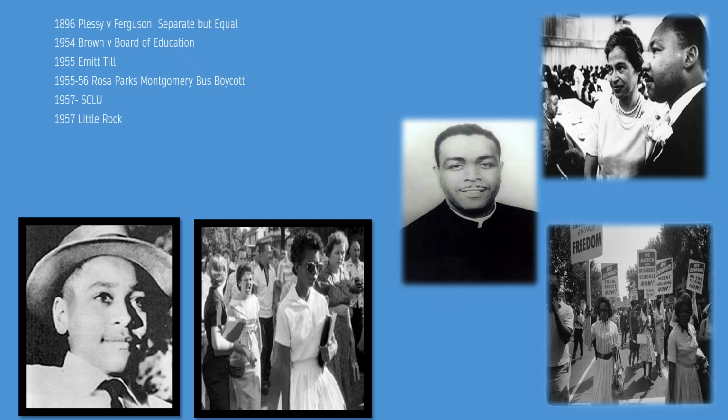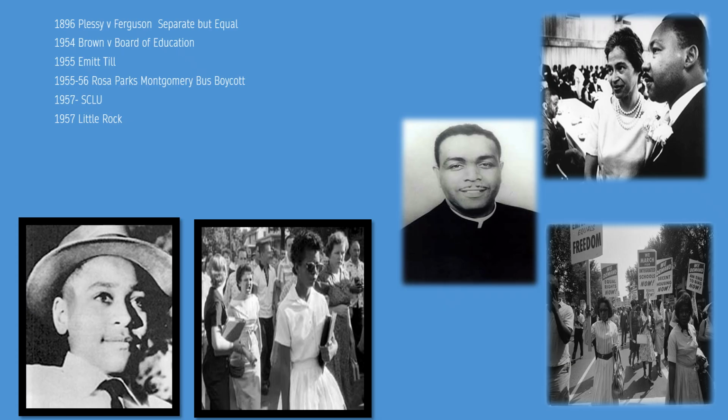So when his body's recovered, it's disfigured and was really hard to identify him, but they were able to identify him by a ring that he wore. So anyways, this was, in this time period, of course, just a huge uprising and trying to shock the nation: look what has happened.